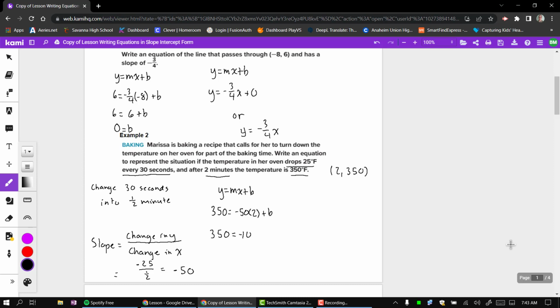So this gives me negative 100 plus b. Add 100 to both sides, we get b equals 450 degrees. So my b value is now 450. I can plug my slope and my b value into slope-intercept form. So that's going to give me y equals negative 50x plus 450. And now I've solved out that problem.